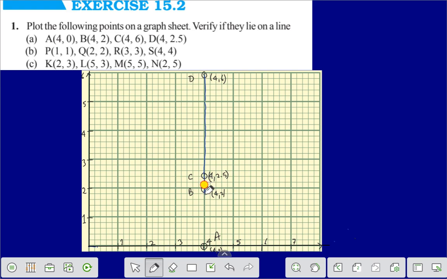This is a linear graph and it is parallel to the y-axis. This is for question number A.